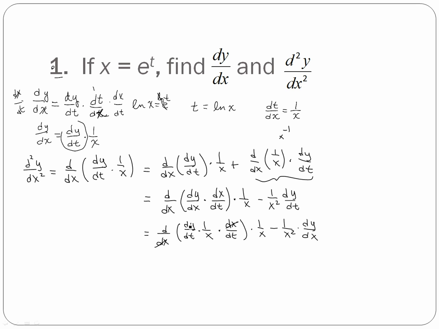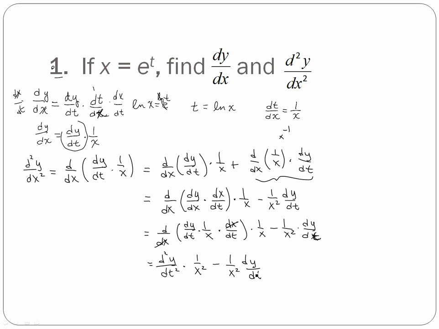And notice that I get d squared y over dt squared times, here I have 1 over x times 1 over x, that's 1 over x squared, minus 1 over x squared dy dt. That should be a dt, not a dx.